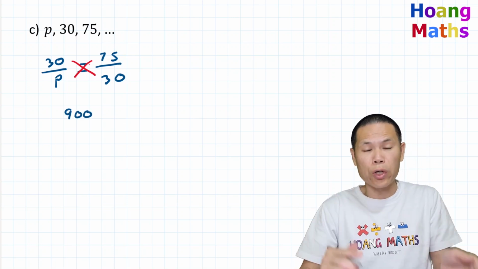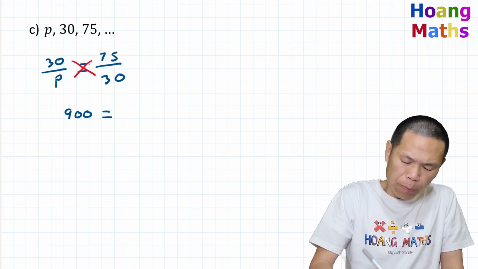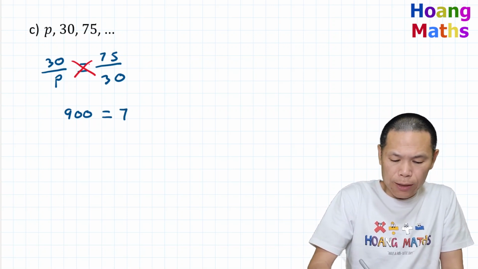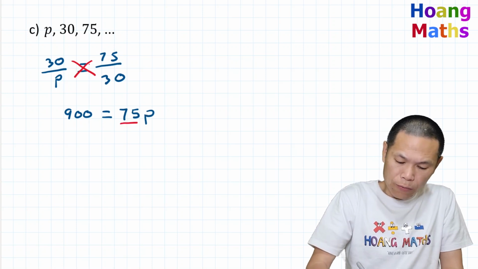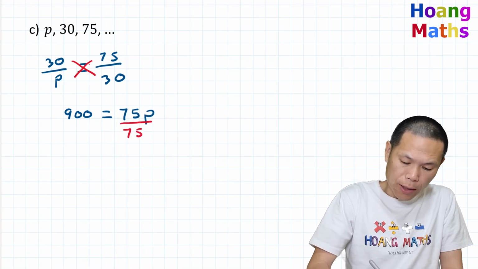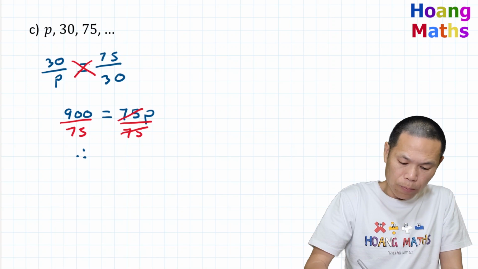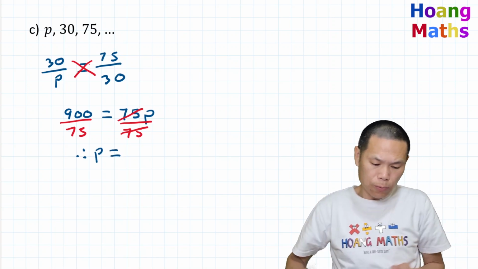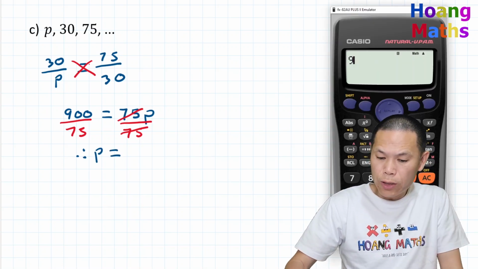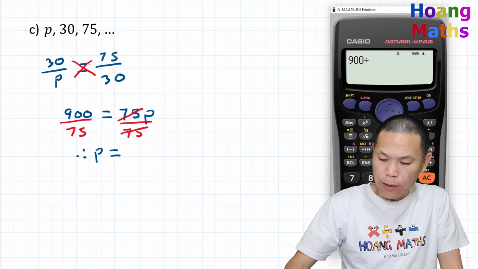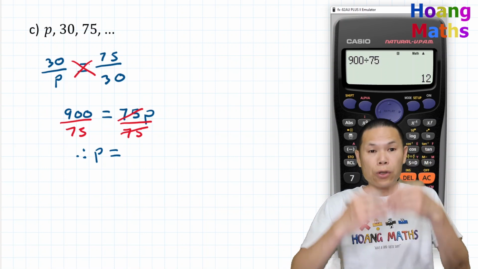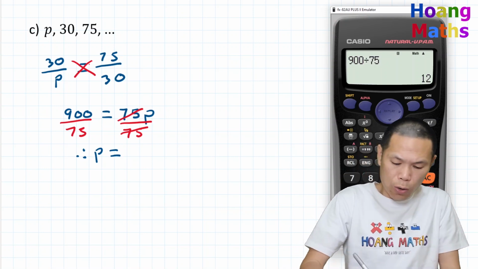Otherwise, you can just put that on the calculator, okay? And then P times 75 is 75P. Then I just divide this by 75 and I divide this by 75. So that cancels out. Therefore P is equal to 900 divided by 75. So there you go. P is 12.